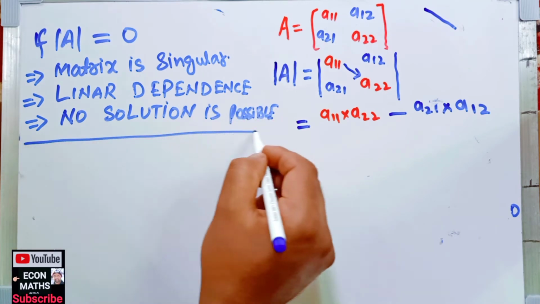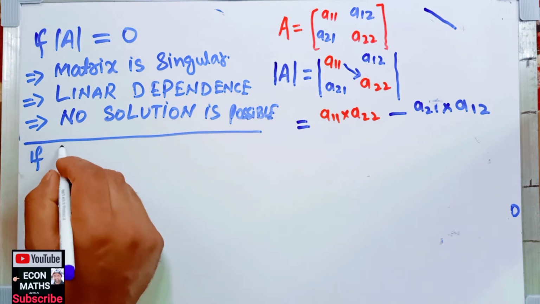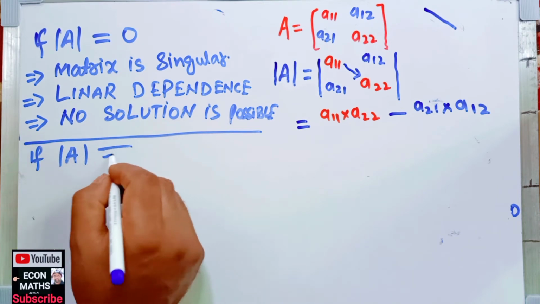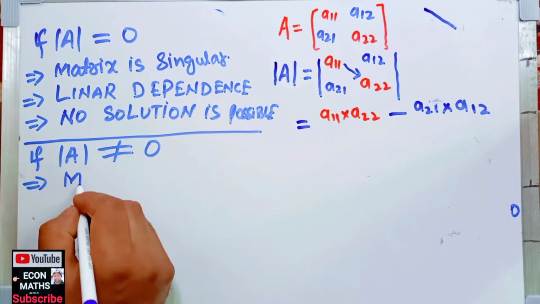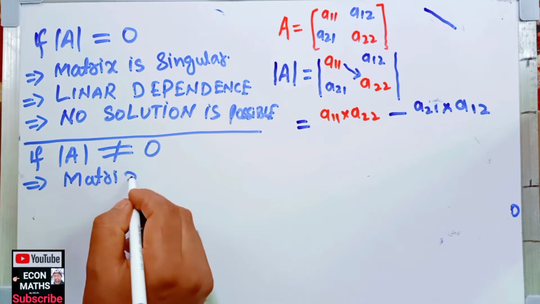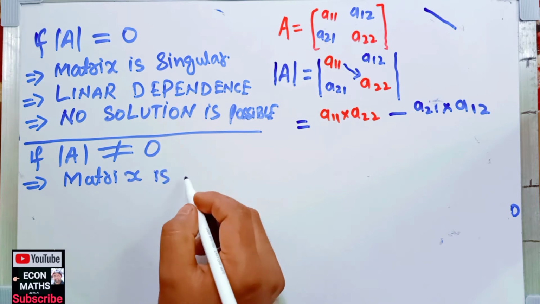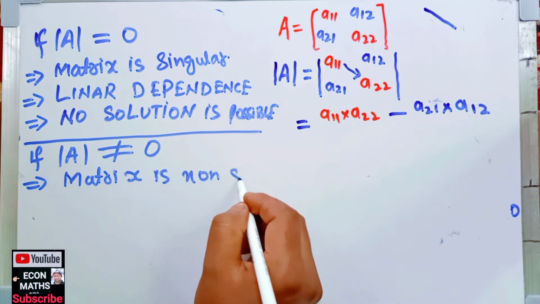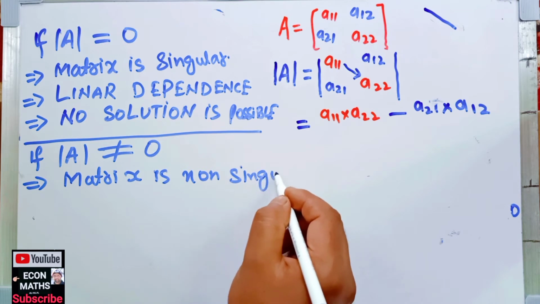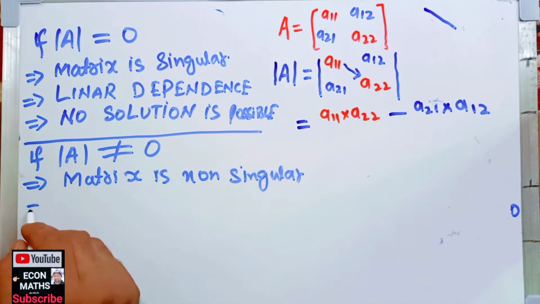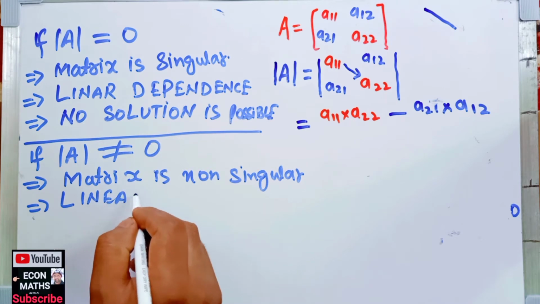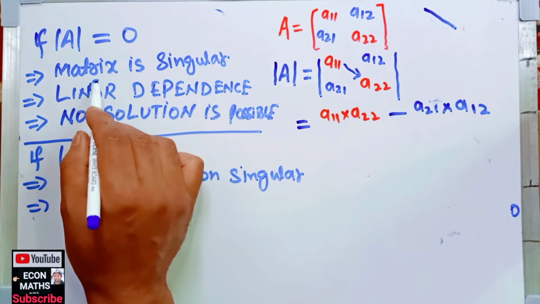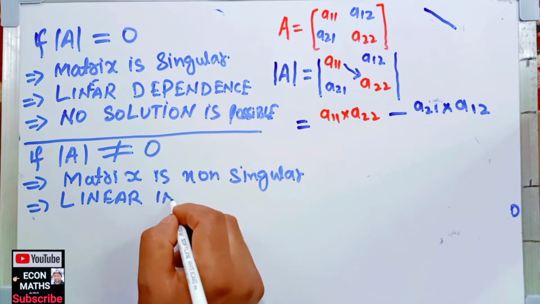Now if the determinant is not equal to 0, that implies the matrix is non-singular. Means here it is linear independence.